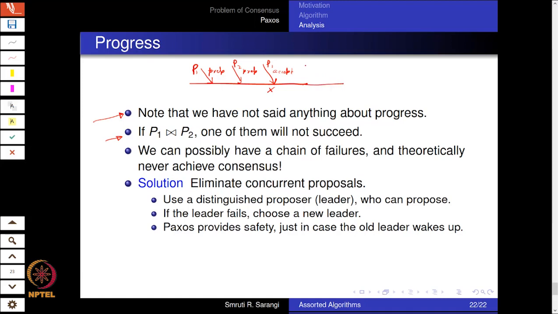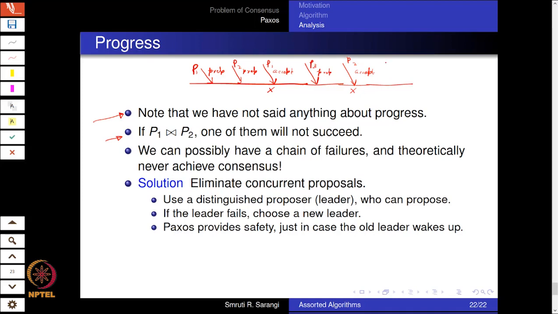Then the proposer of P1 sends P3. P3's prepare message has a greater number than P2's prepare message. So then P2 sends its accept. The accept again fails, and then so on and so forth.